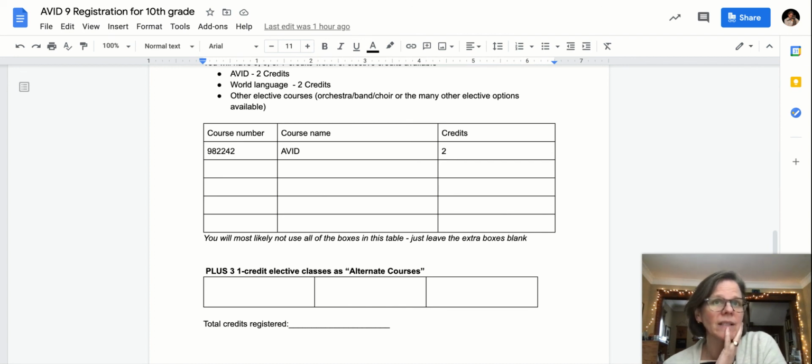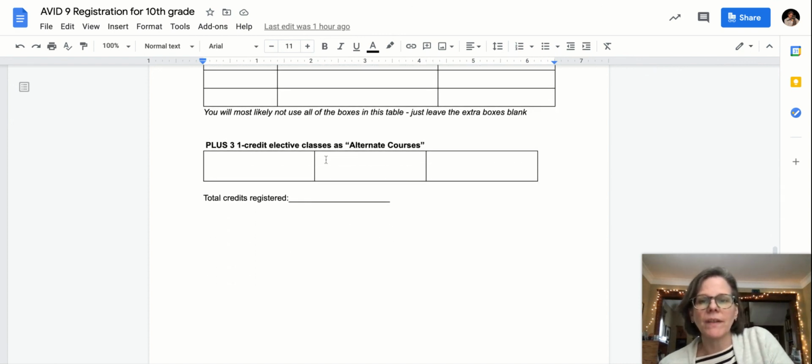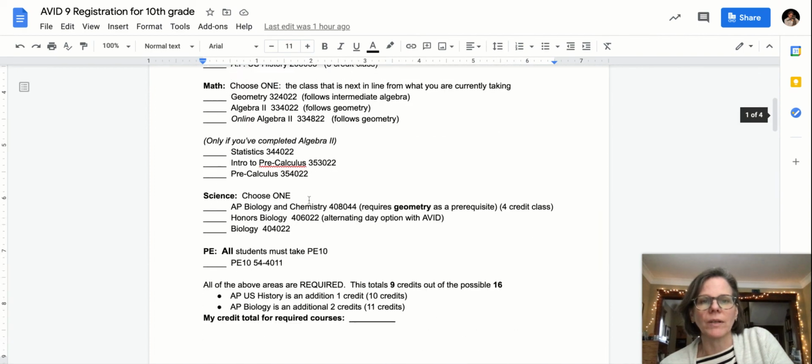Because it really doesn't look good on a college-bound transcript. You don't earn credit for it, so it sets you back toward graduation credit. But also, in 10th grade, you want to fill your schedule and keep a solid base getting ready for college. Make sure that this number at the end is 16 credits that you've registered for.